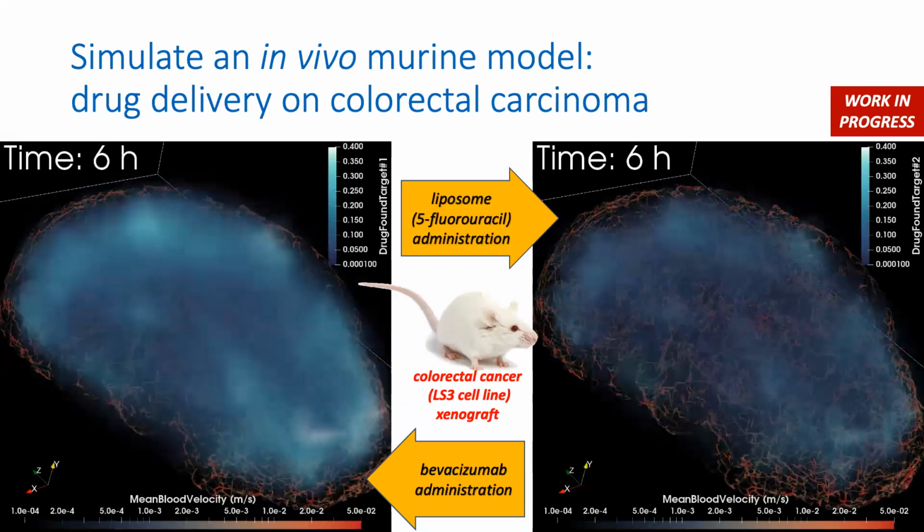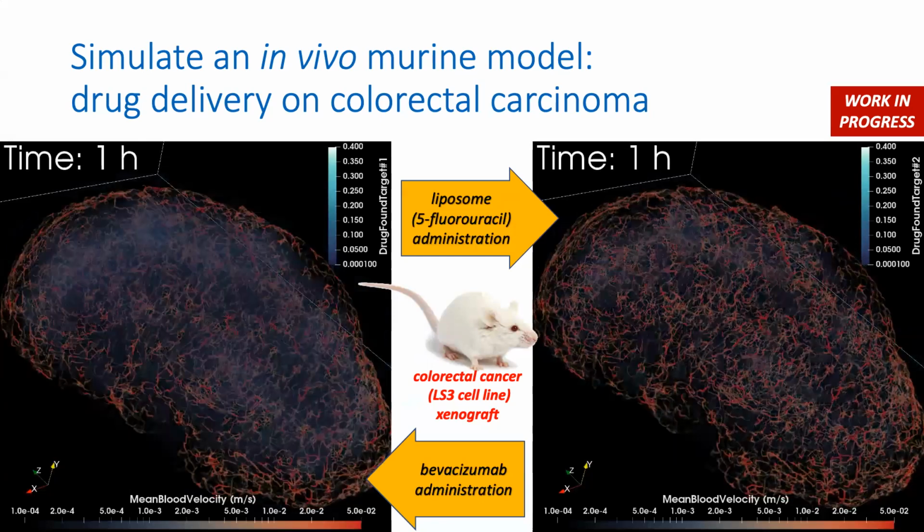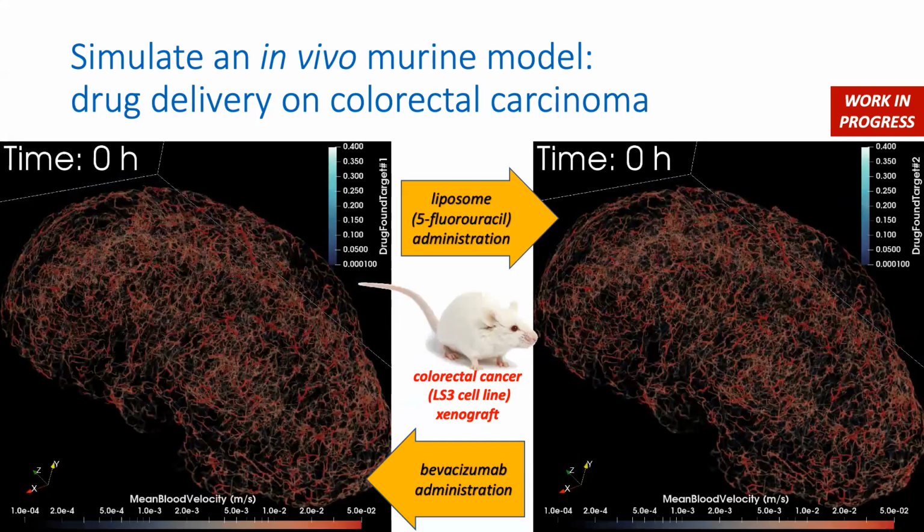Our take here was to predict the distribution of the drug. So how much drug reaches the tumor before they die? I cleared out a lot of things, just to make it visually appealing.